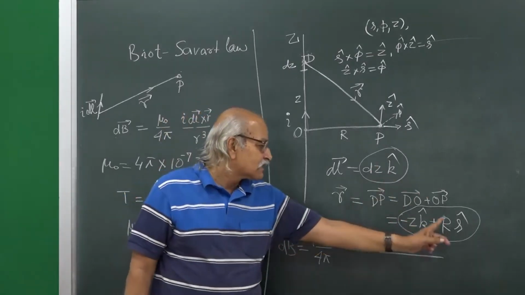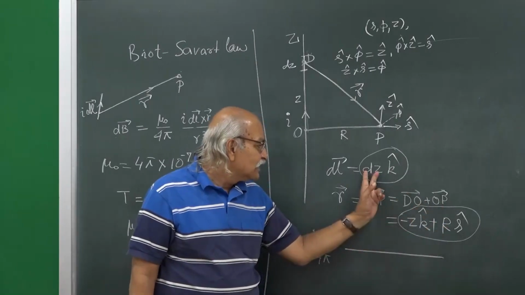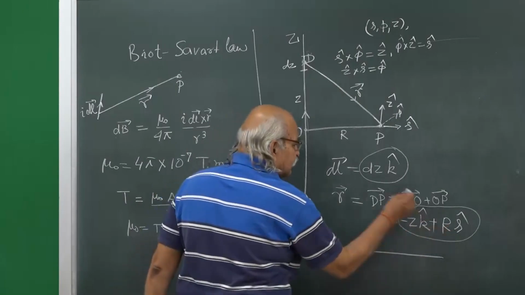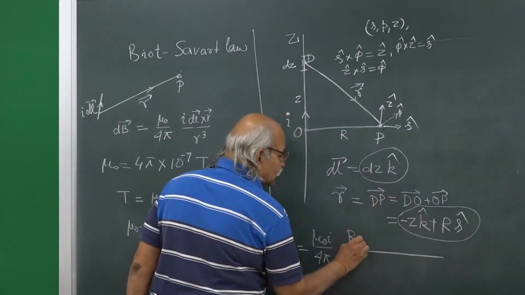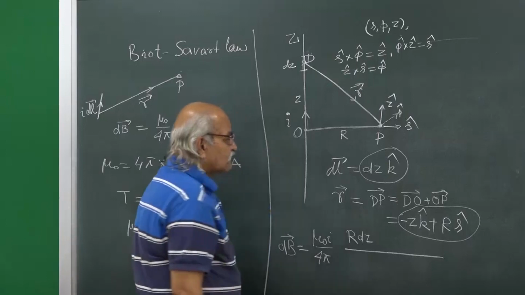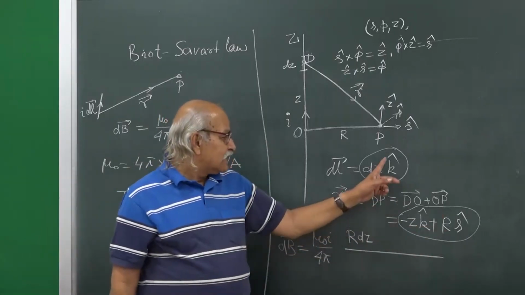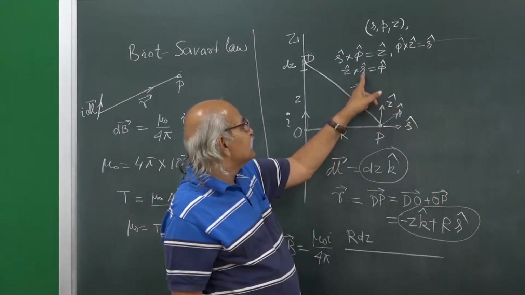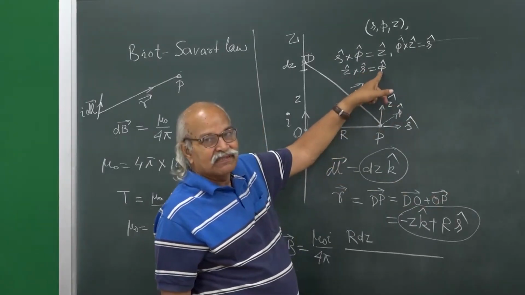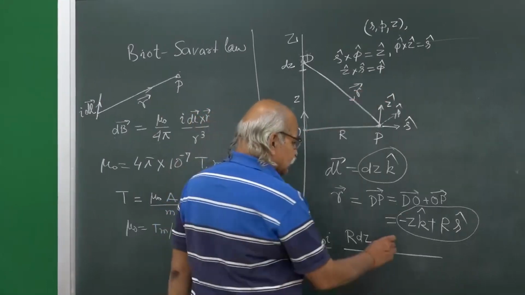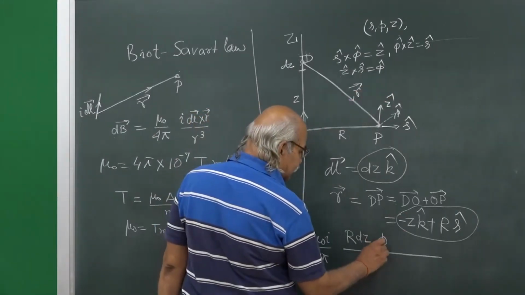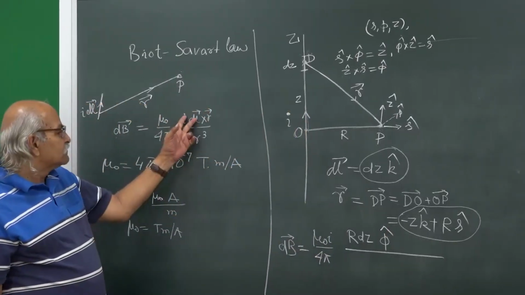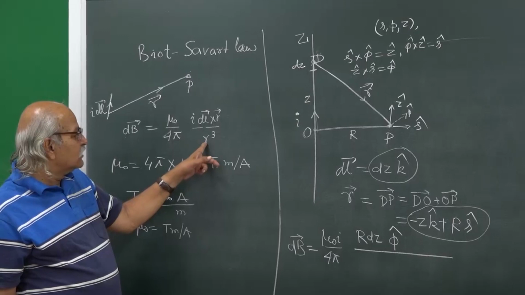So you are left with this term. This is r into dz, k cap cross s cap, and k cap cross s cap is phi cap. So this is r dz phi cap. So that is the numerator, and denominator is r cube.